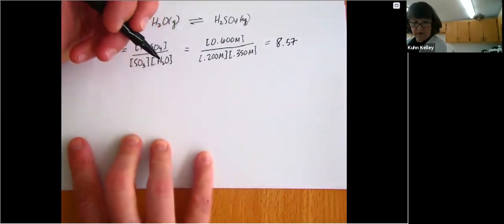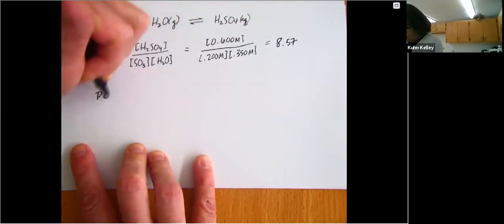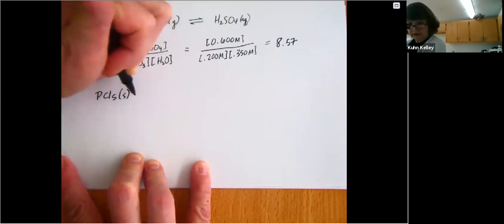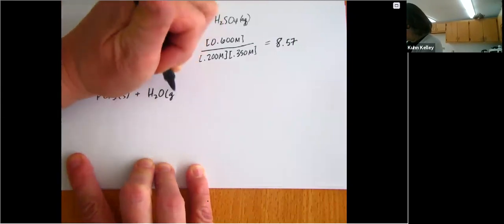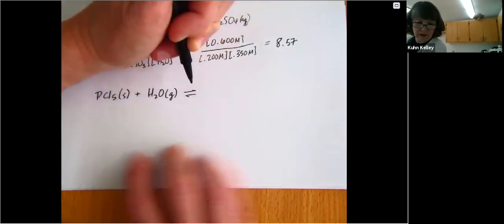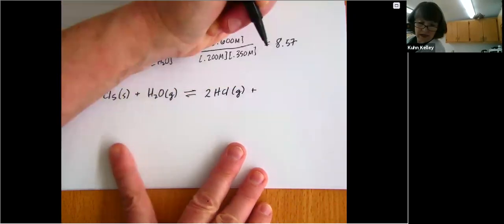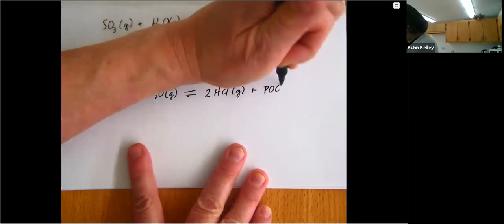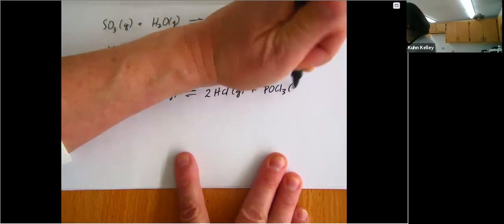So this time my equation is PCl5, which is a solid, that's going to be important, plus H2O, which is a gas, is in equilibrium with hydrochloric acid and this gas, POCl3.